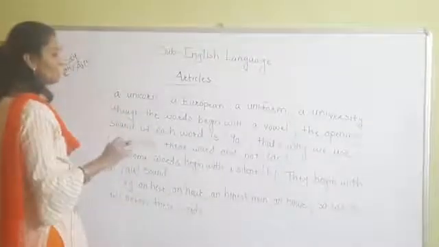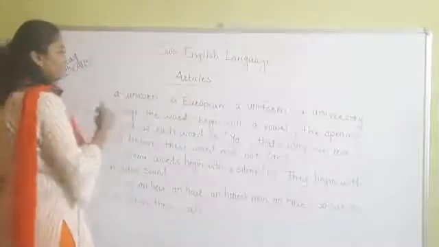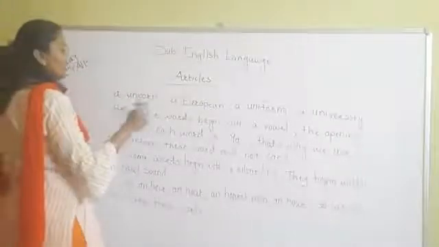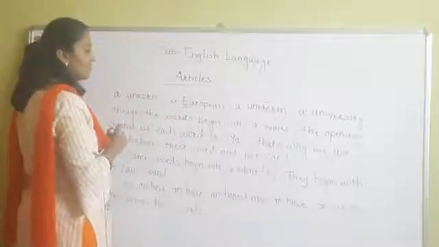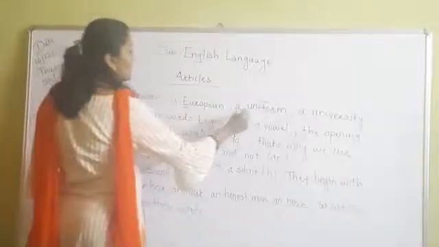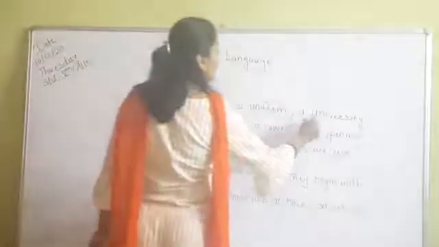Okay? You will say, ma'am, that this spelling is starting with U, okay, unicorn. This spelling is starting with E, that is European. This spelling starts with U, that is uniform. Then university.